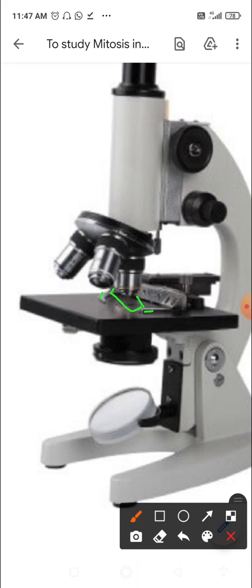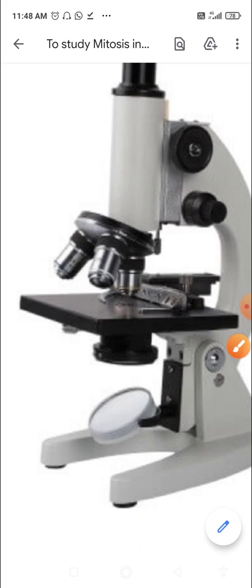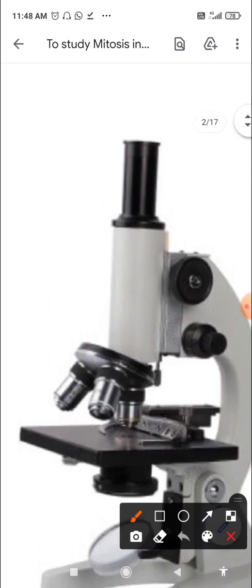These are the knobs, adjustments with which you will adjust to the lower power of the microscope, and then you will observe the slide under the high power of the microscope, right? You will ensure that the slide is placed properly, and this is the eyepiece from where you would be able to view the slide under the microscope.